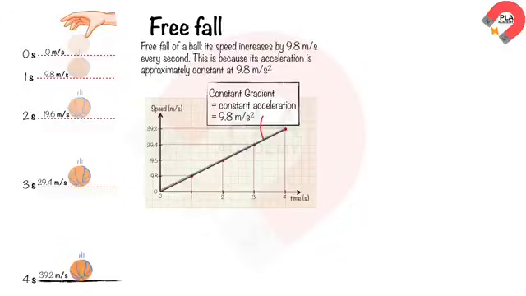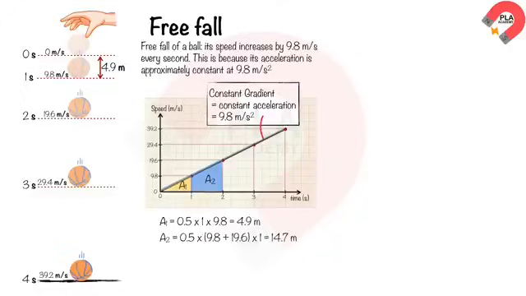Distance moved between 0 and 1 second equals 0.5 times 1 times 9.8, which is equal to 4.9 meters. Distance moved between 1 and 2 seconds equals 0.5 times sum of 9.8 and 19.6 and times 1, which is equal to 14.7 meters.